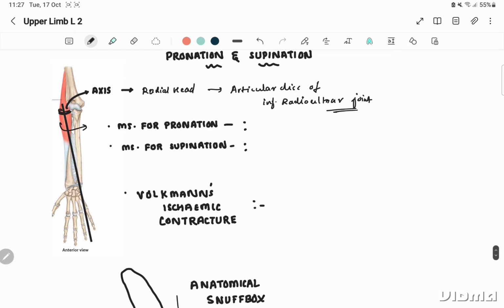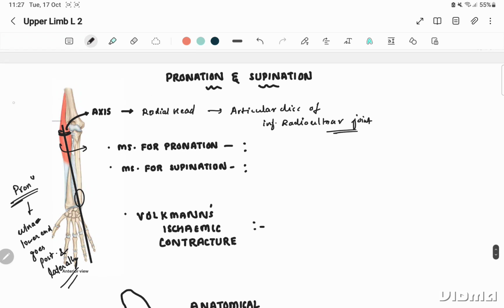Okay, so in pronation, the lower end of the ulna goes posterior-laterally, so as to pronate the arm. Okay, for supination, the lower end of the radius goes anterior-medially.